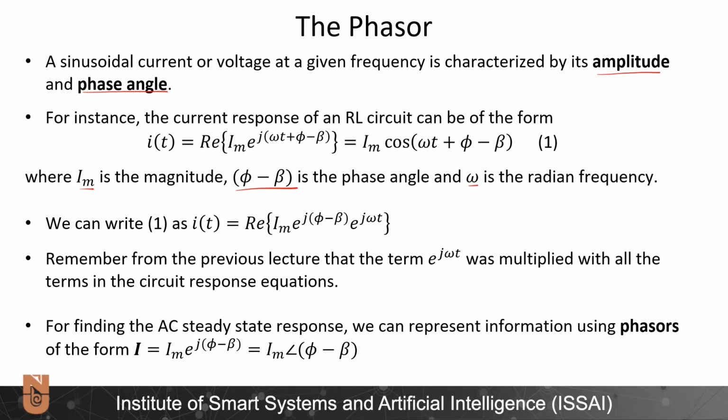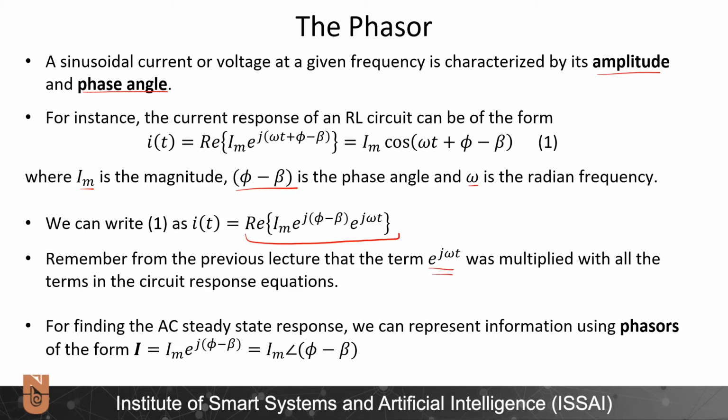We can rewrite the first equation here by separating the e to the j omega t term from the e to the j (phi minus beta) term. Remember, in the previous lecture, for the forced response for sinusoidal inputs at steady-state analysis, we have realized that all the terms in the equation were multiplied by e to the j omega t.